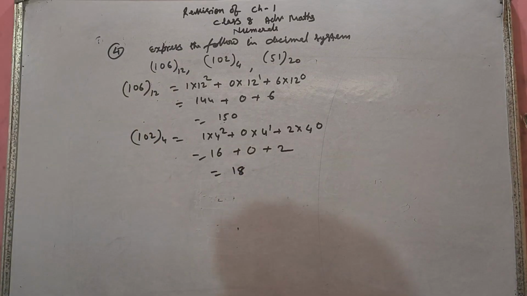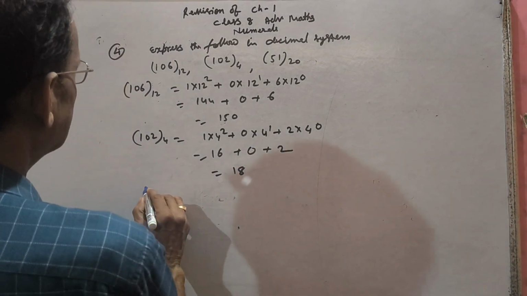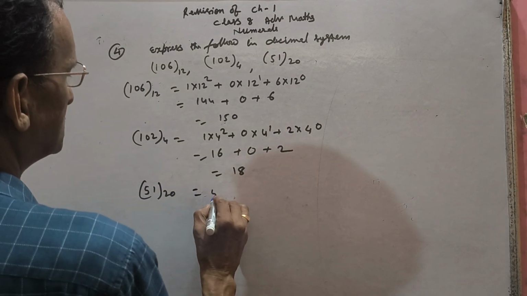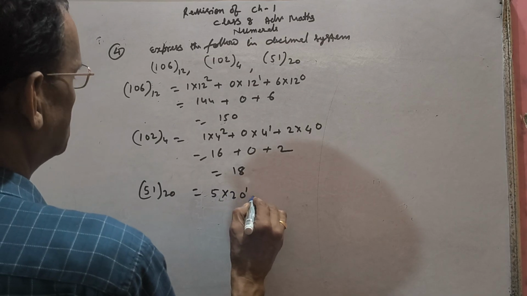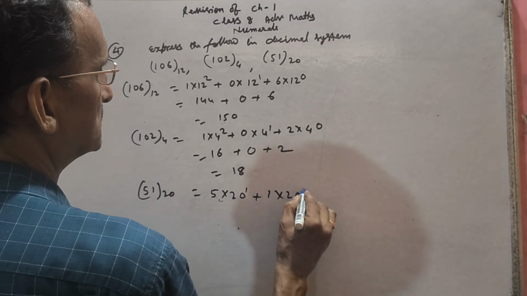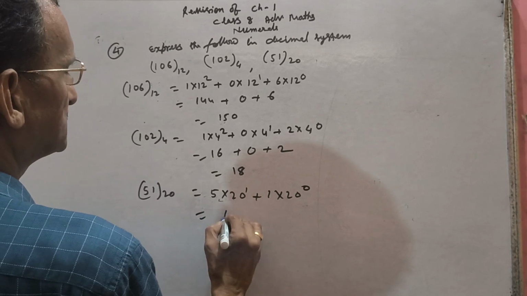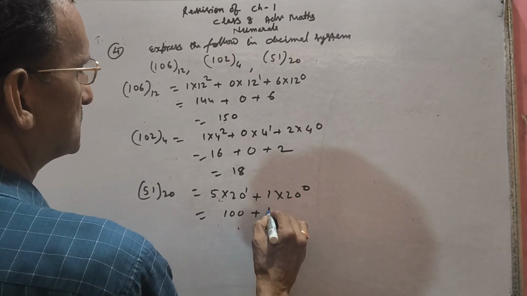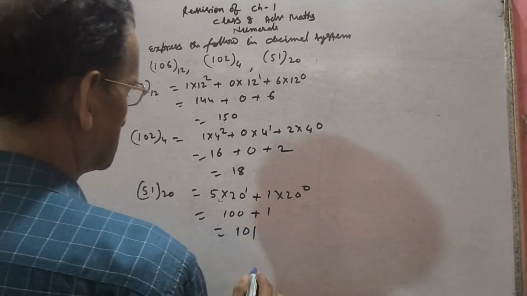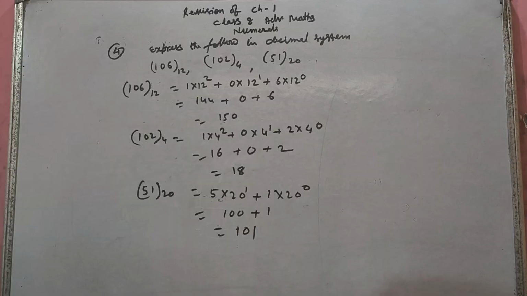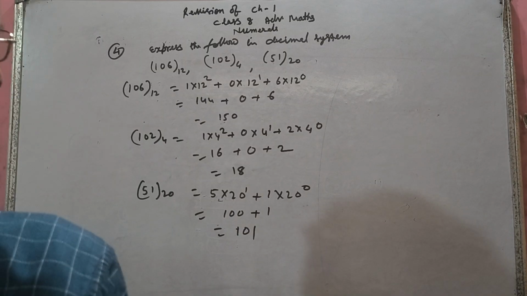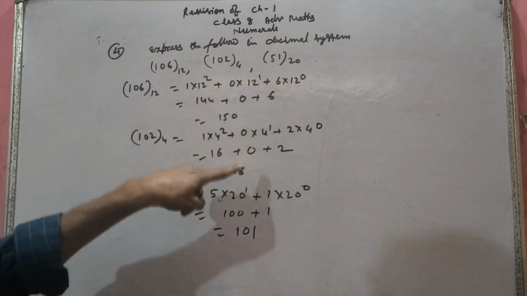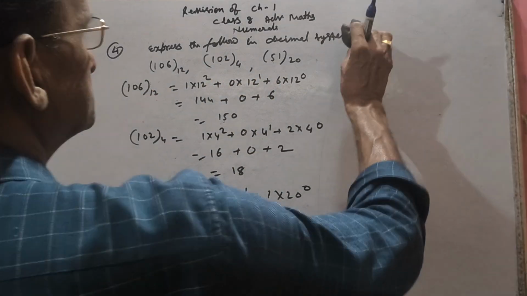Then 51 base 20, only 2 digits, so we write 5 into 20 to the power 1 plus 1 into 20 to the power 0. This is 100, and anything to the power 0 is 1, so 101. So numerals with different bases are converted to the decimal system.